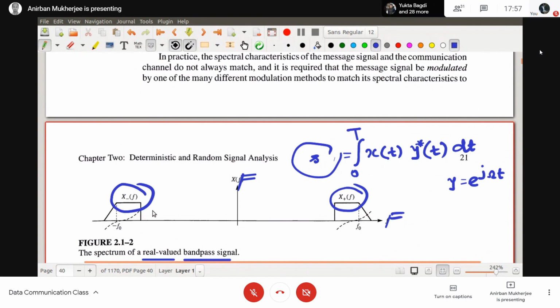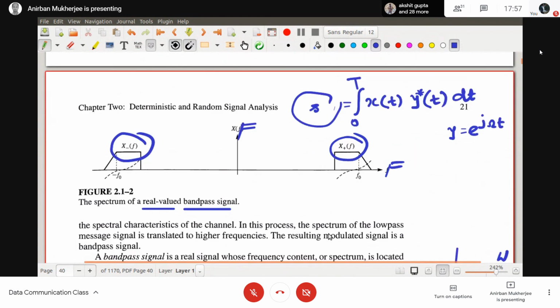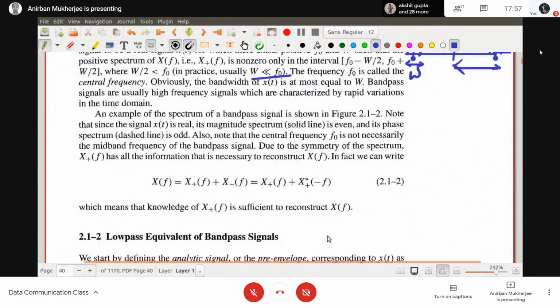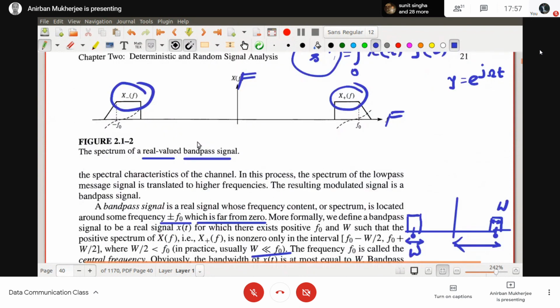And what about phase? The phase spectrum is odd. But can you say what about this one?